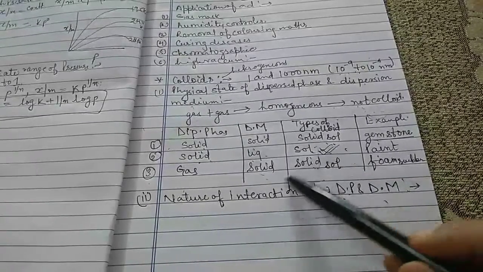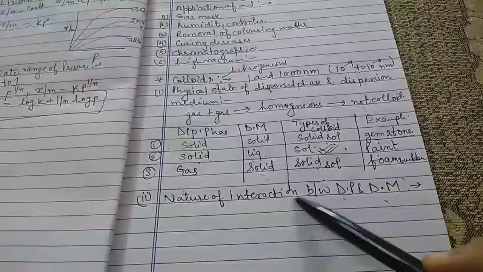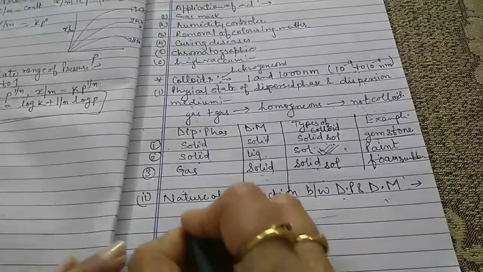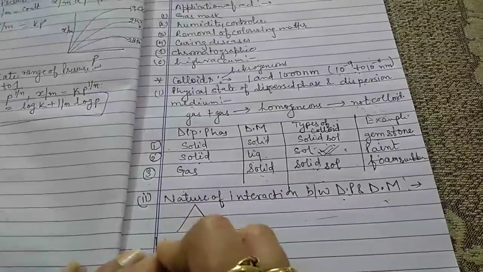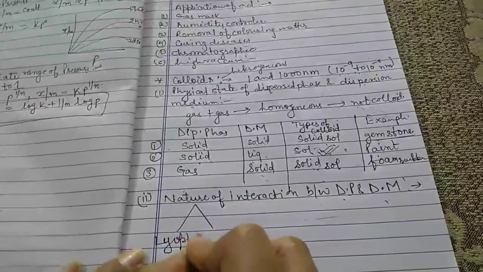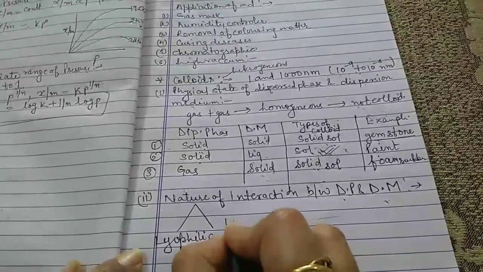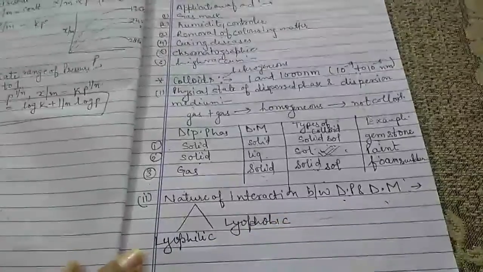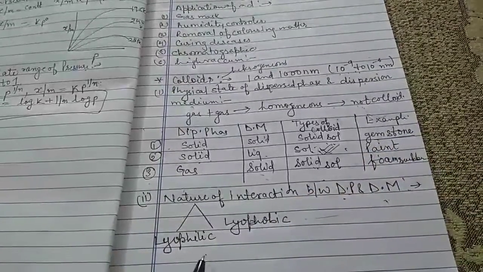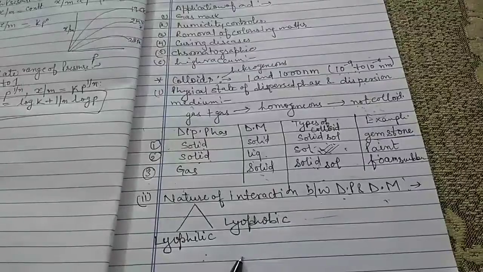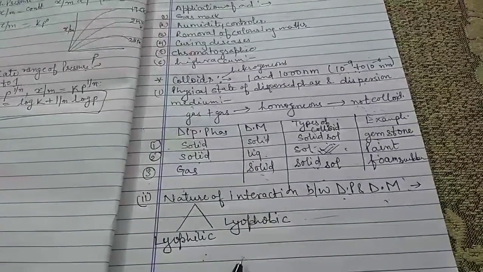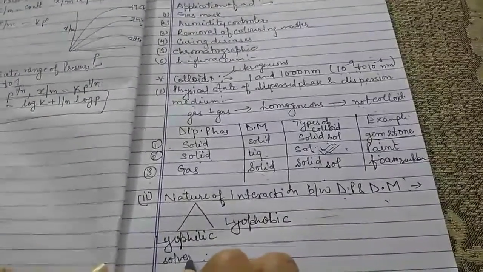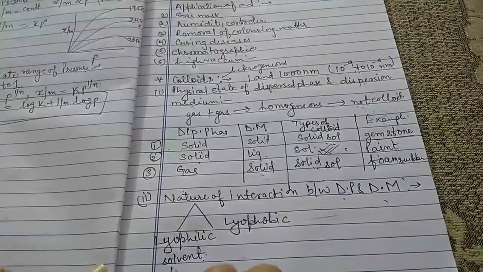So depending upon this type of interaction between the dispersed phase and the dispersion medium, the colloids are divided into 2 categories. One is the lyophilic and another one is the lyophobic colloid.